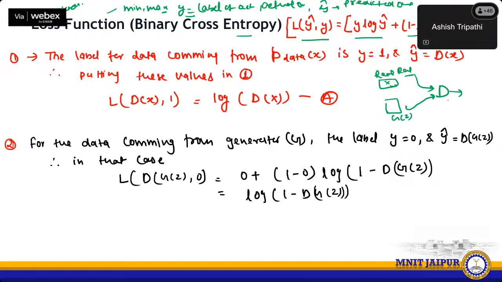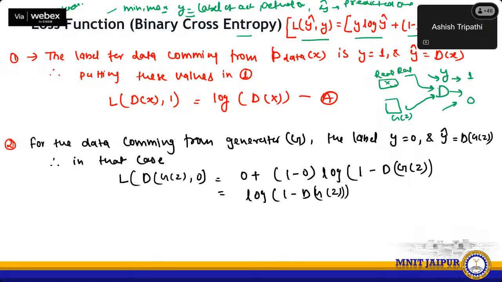So it is getting data from two sources. And what is my expectation? My expectation is that for the actual data sample, it should produce output 1, and for the generated data sample, it should produce output 0.